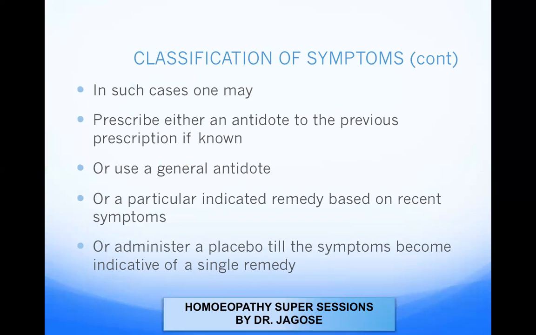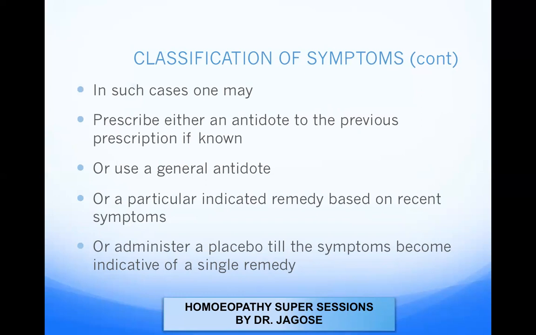If the patient has taken homeopathic or allopathic medicine and has come to you, and if you know the previous homeopathic prescription, you can antidote it, or you can use a general antidote, as you all know, camphor, nux vomica, and coffea cruda, or a particular indicated remedy based on recent symptoms.